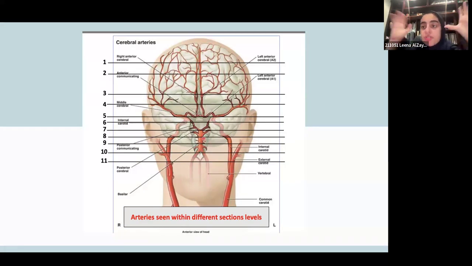So a bunch of cerebellar arteries. And then it supplies the pons, and then it goes up and divides and turns into the posterior cerebral artery, which supplies the occipital lobe and the midbrain as a whole.